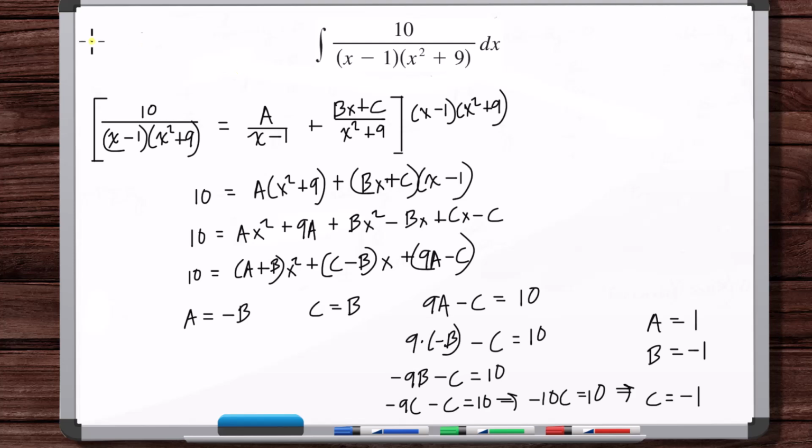Okay, so we've got 1, and then I can put a minus out here and then make this x plus 1.